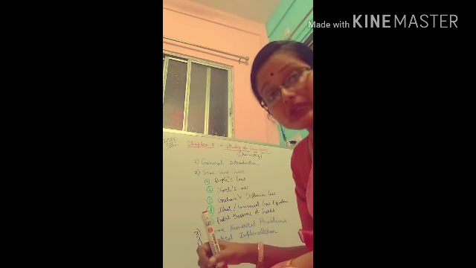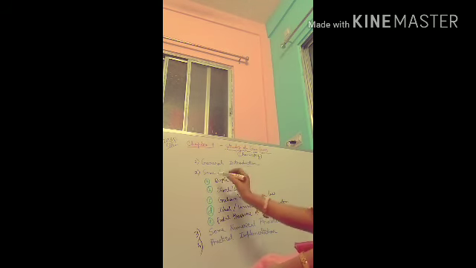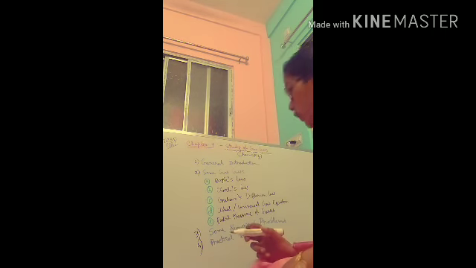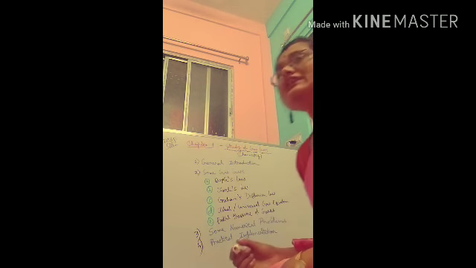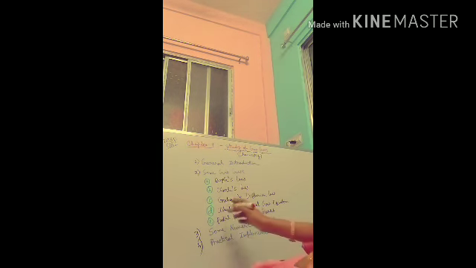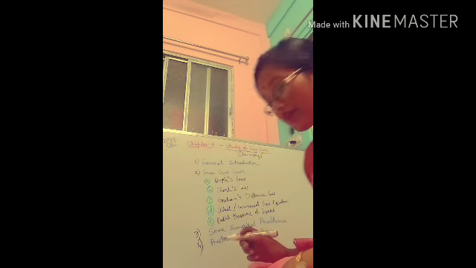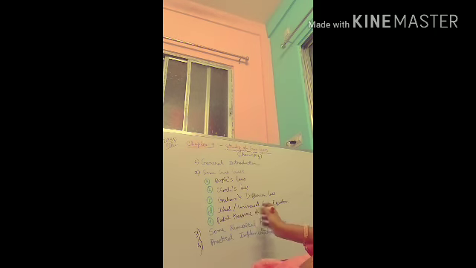This chapter includes some gas laws like Boyle's law, Charles' law, Graham's diffusion law, and then some other derivative laws or equations like the ideal or universal gas equation and the partial pressure equation of gases, and so on.